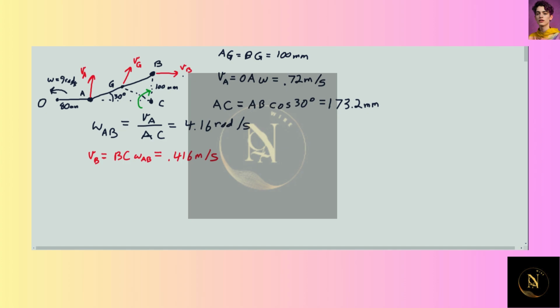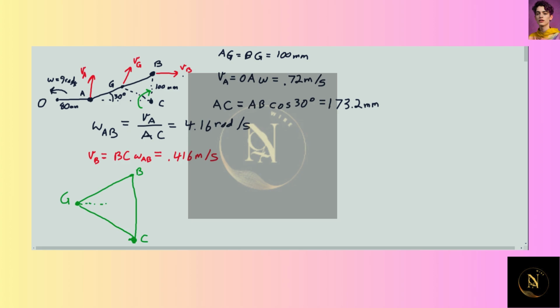So if we go ahead and redraw our triangle here, I'm going to draw this in green. We'll have point G, point B, and point C. And this is the triangle we have shown up here.